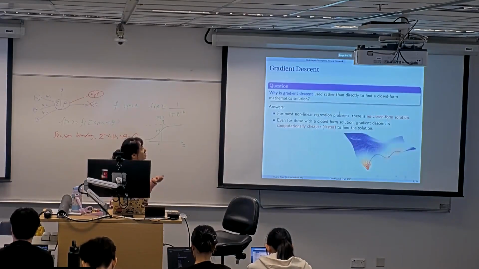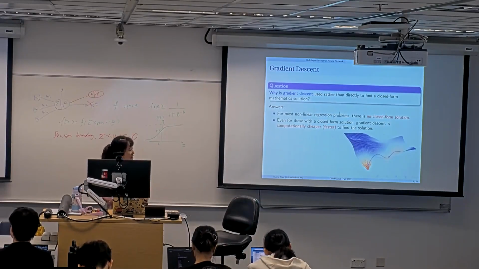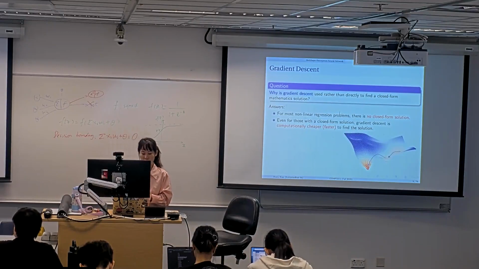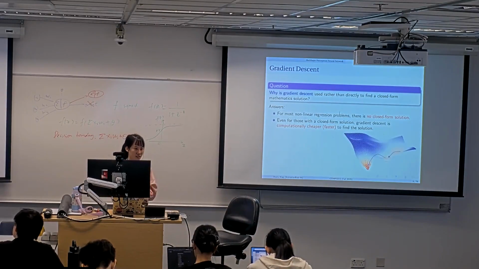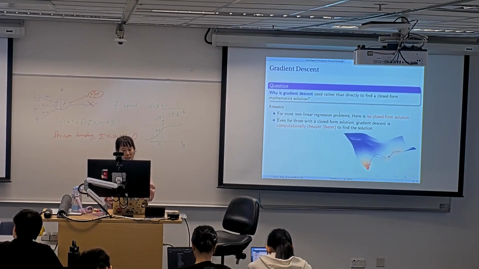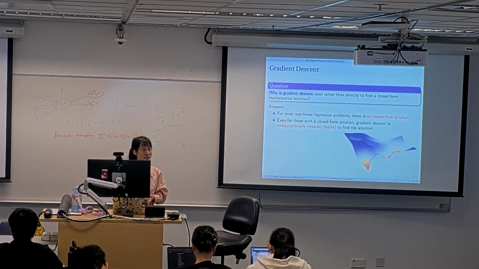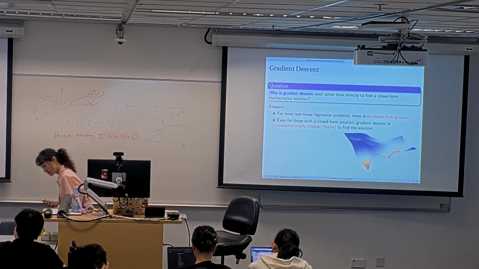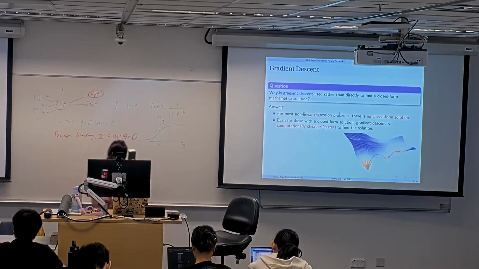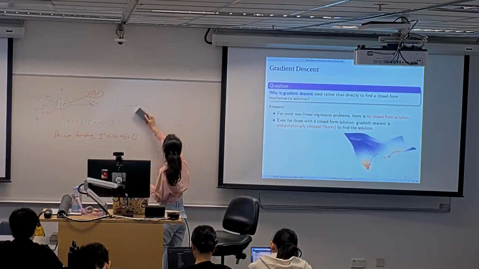Like, can we do some closed form solution? By the way, you can consider a closed form solution as an optimization problem that has a closed form answer. Maybe we can take a very simple example here.